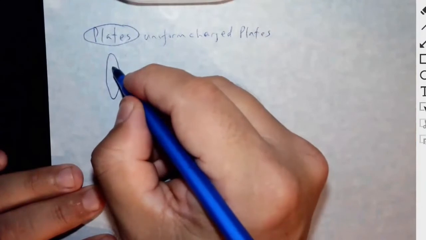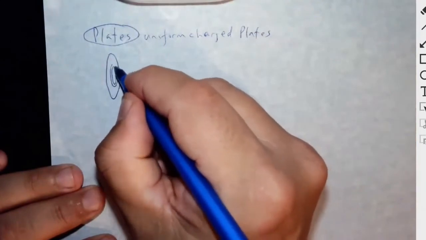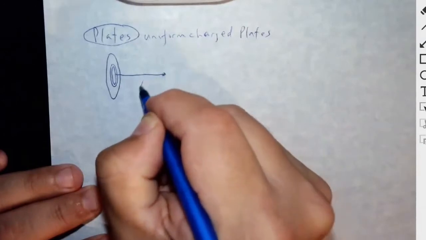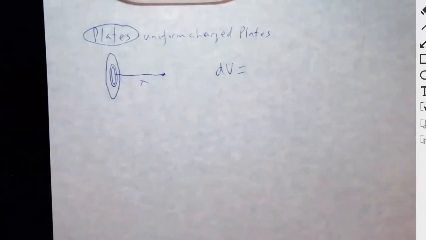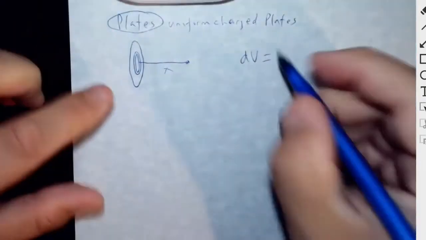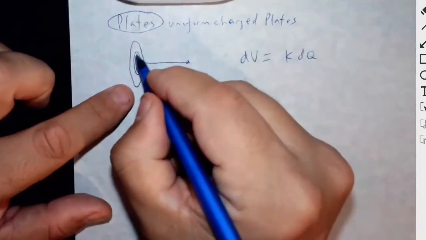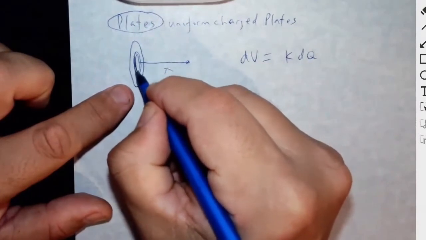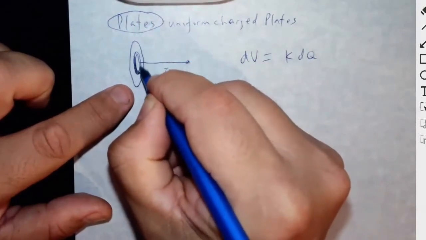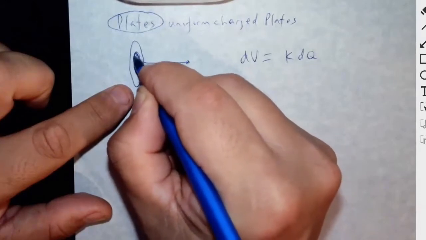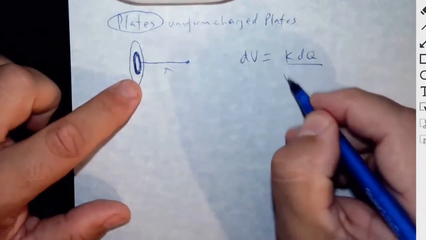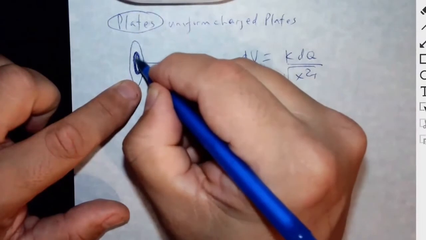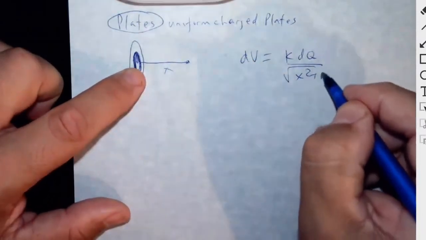You take a ring, and this is x. You say, what is the voltage created by that ring? What was the equation we just derived? KQ over the square root of, so it becomes K dQ, where dQ is the charge of that one ring. So K dQ over the square root of x squared plus r squared, where r is the radius of that particular ring.